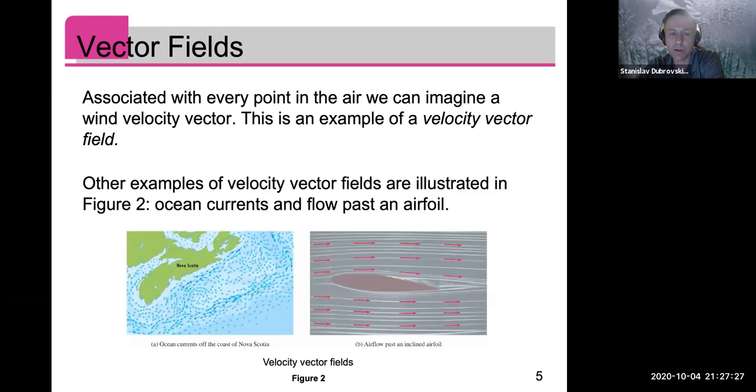Similar patterns you can see if you look at the fluid velocities, say off the coast of northeastern Canada, or the airflow around an airfoil in a wind tunnel. At each point, you can stick a vector which describes the motion, especially if the process is stable, when it doesn't change with time.